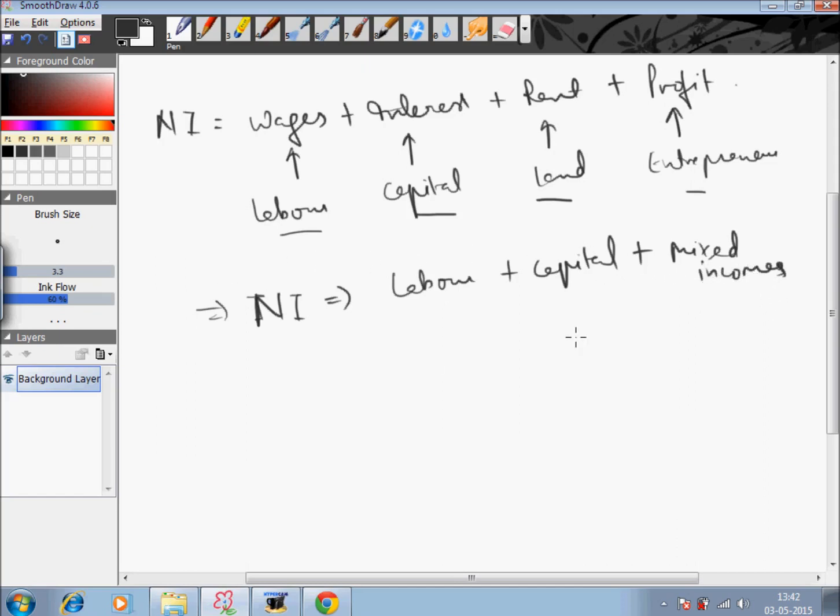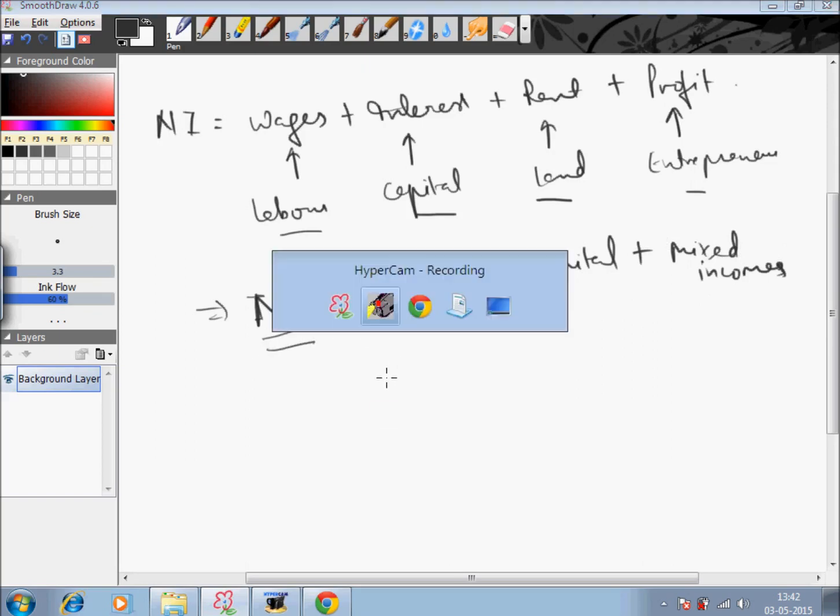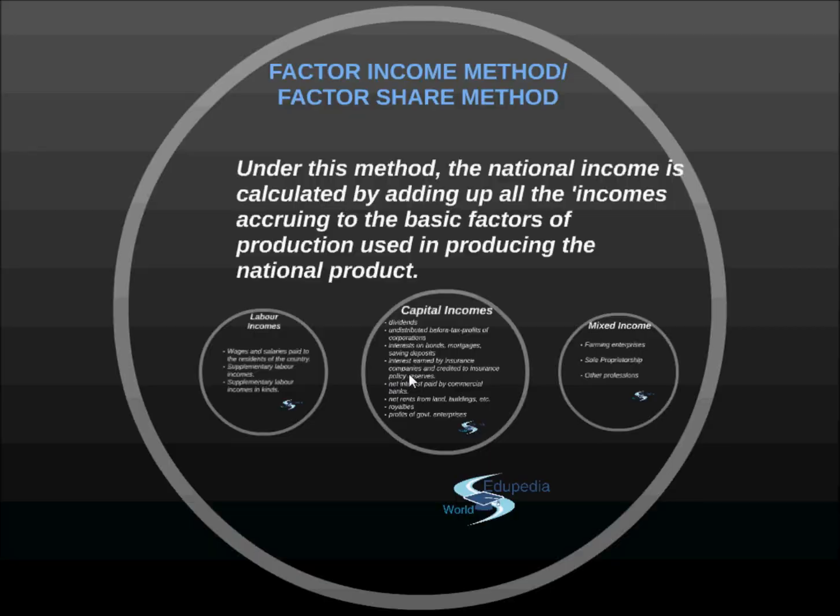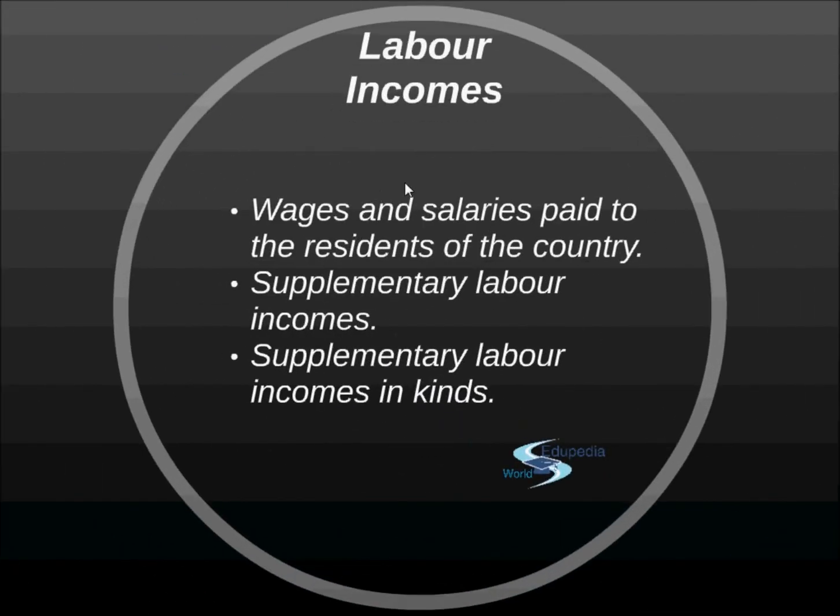Under this method, we are going to see what incomes are to be considered under labor, what incomes are to be considered under capital, and what is mixed income. And we add up in order to get the national income of the economy. So let's start with the labor incomes.